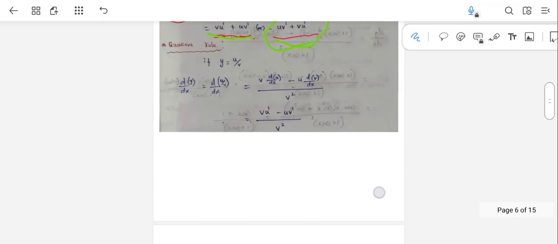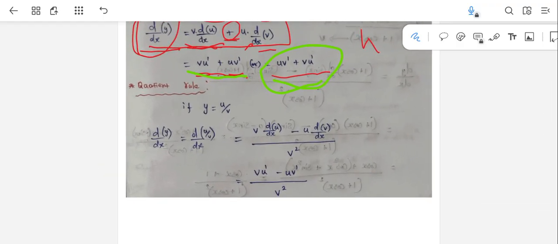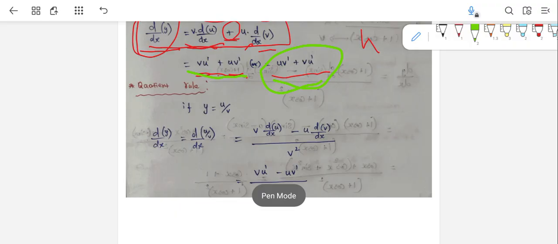So before moving to the next one, that is the quotient rule, basically division. For product we have seen u into v. Here you have u by v.